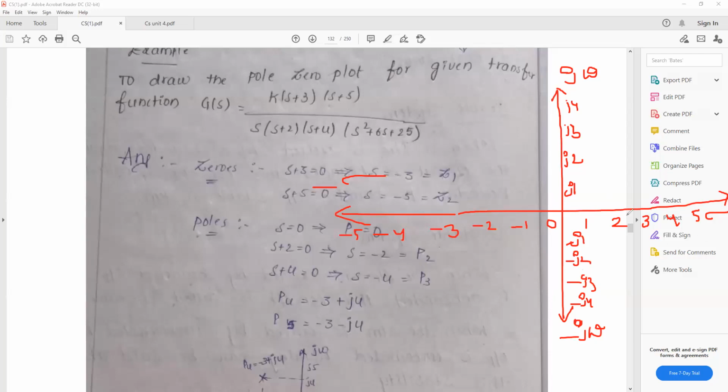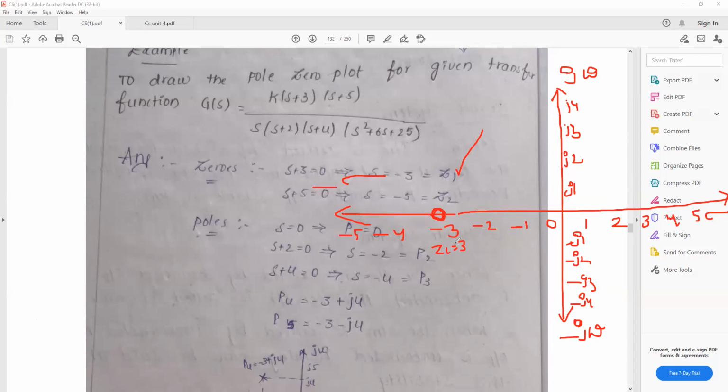Now mention the points. First mention the zeros. What is the first zero? -3. At -3, zeros are indicated by a dot symbol, so put a dot at -3. So z1 is equal to -3, note it down. It's very simple.